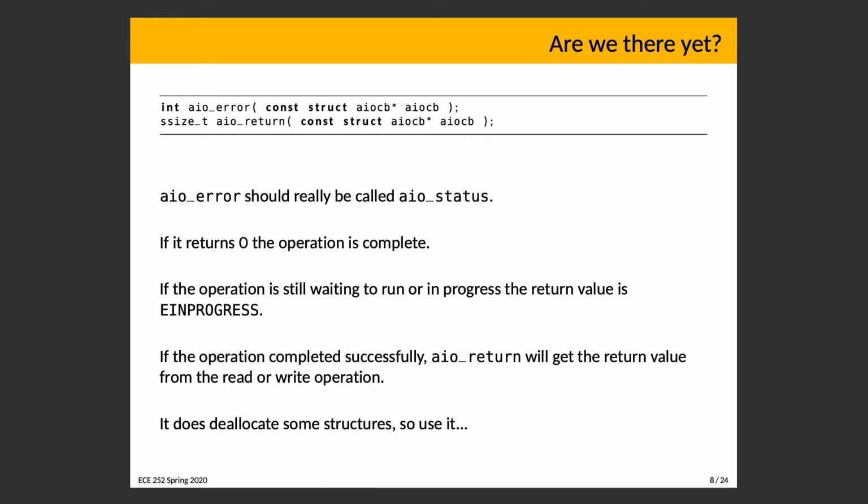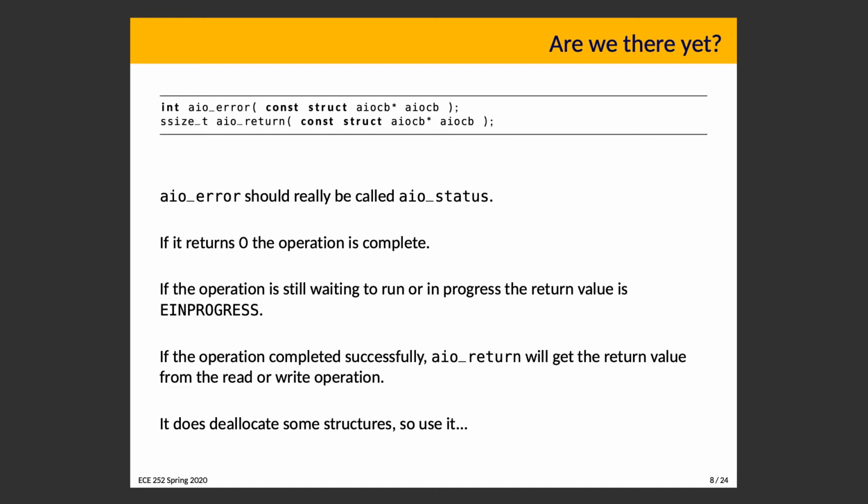Even if your intention is to do nothing with the results, you should still use AIO return because it cleans up the AIO control block stuff because, well, it's no longer needed. Now, someone came and collected the result, which was all that was being waited for.